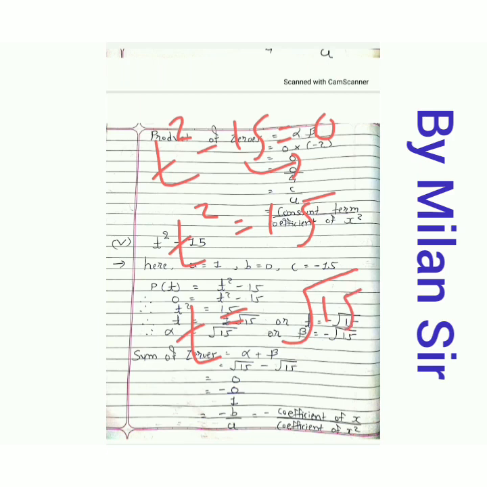But there are two possibilities whenever we take a square root, that means plus or minus under root 15, right? Because the square of plus under root 15 is 15 and the square of minus under root 15 is also 15. That's why there are two possibilities, plus or minus under root 15.